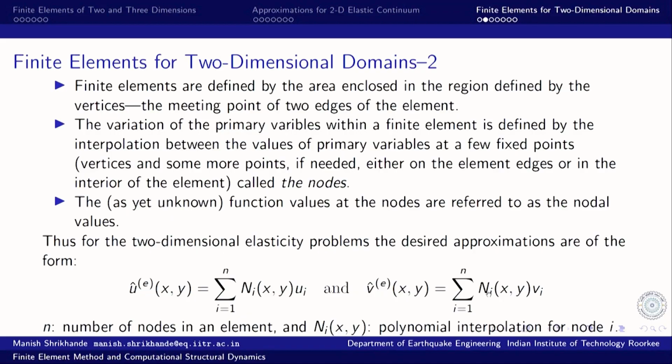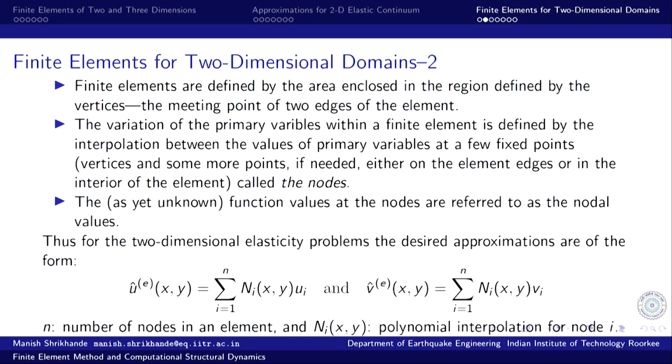A similar approximation holds for v: N I v I. The interpolation function remains the same. So, N I here for v is the same as what we had for u, right? There is no difference in the interpolation function; the function value changes. So, instead of displacement along x, we now look at the displacement along y at each node.